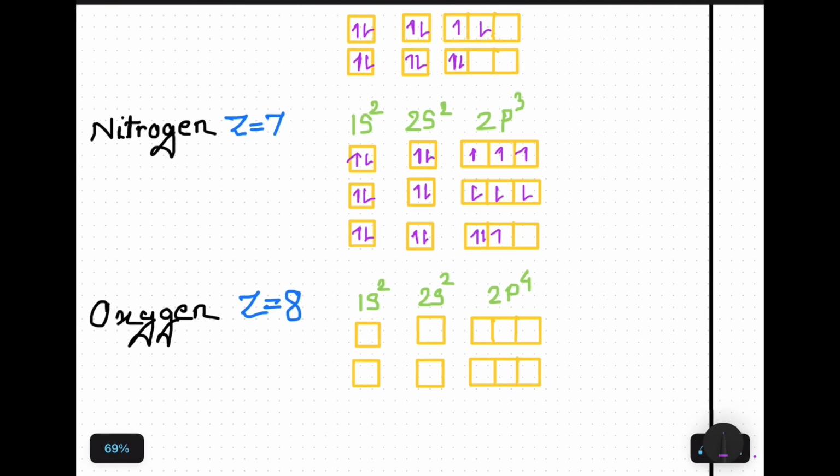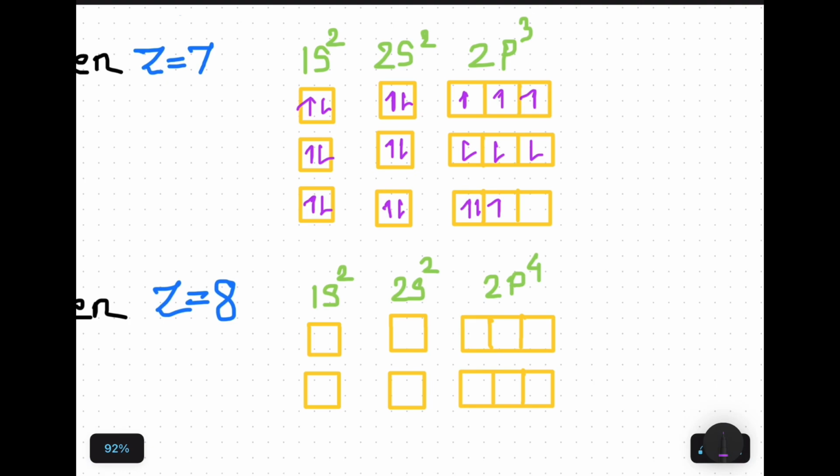Now we can see for oxygen, the atomic number of oxygen is 8 and its electron configuration is 1s2, 2s2 and 2p4. So here the 1s2 orbital will fill first, then 2s2, and the 2p subcell has 4 electrons. Each electron will fill first singly in the 3 orbitals.